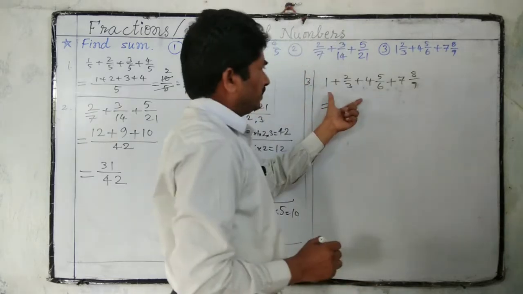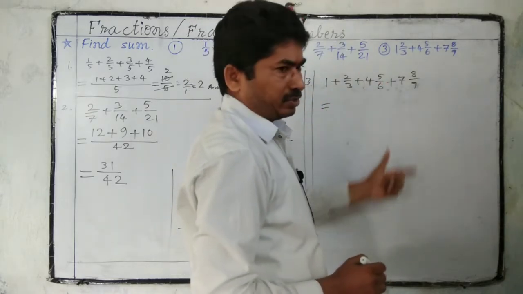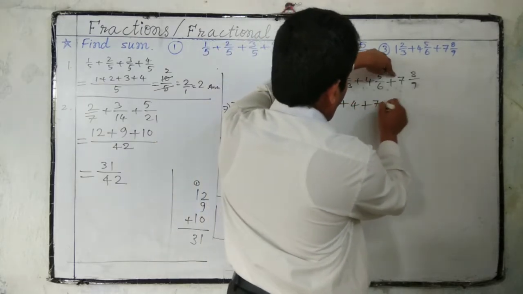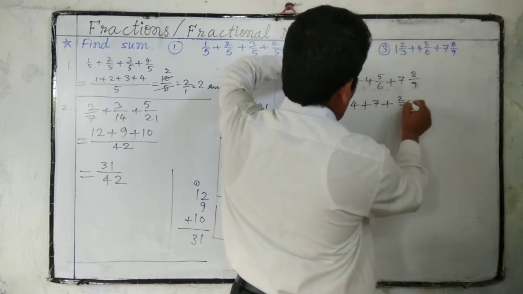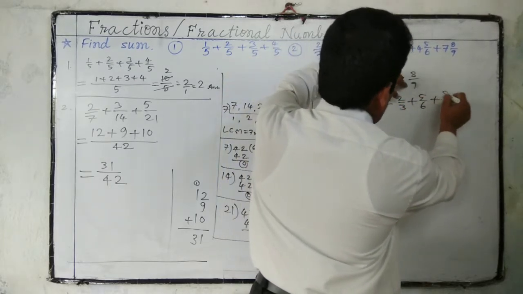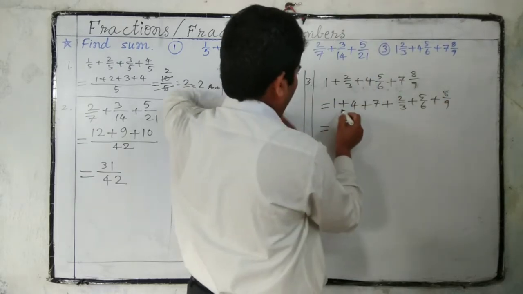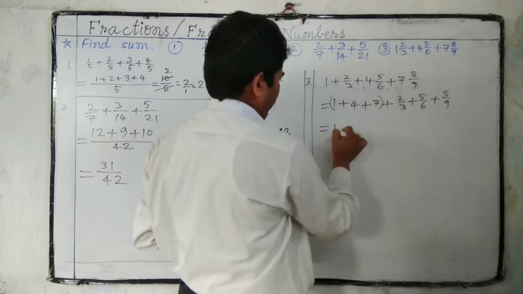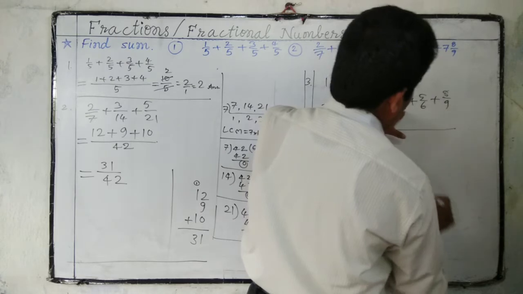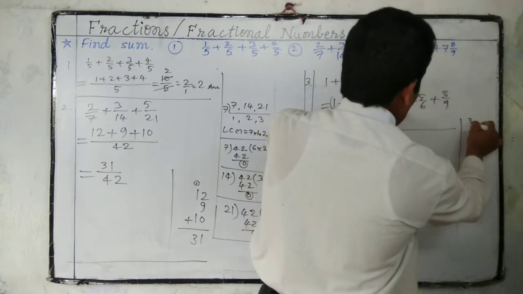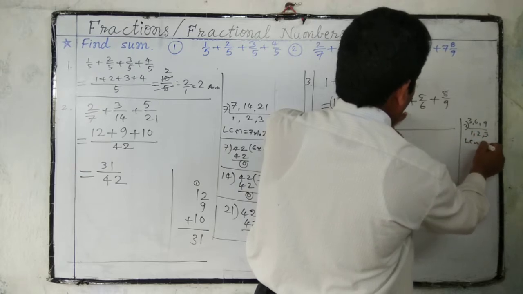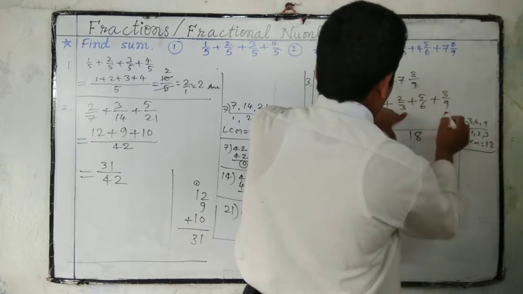Separate whole numbers and fractions: 1 plus 4 plus 7, and 2 by 3 plus 5 by 6 plus 8 by 9. 1 plus 4 plus 7 is 12. LCM of these numbers 3, 6, 9: 3 ones, 3 twos, 3 threes. 3 twos are 6, 6 threes are 18. So LCM is 18.